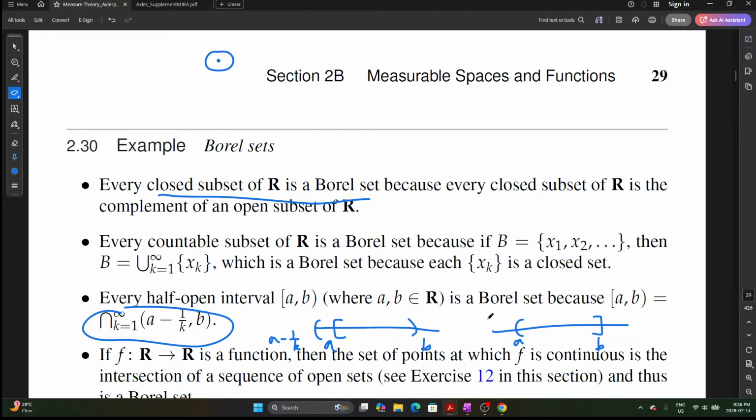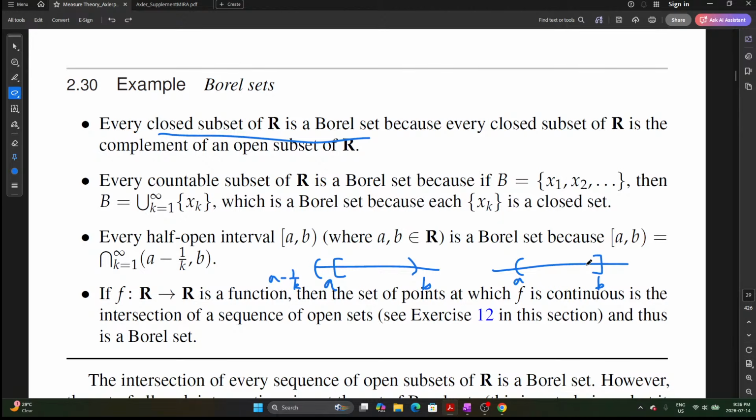So for the sake of practicing, let's write the second interval as an infinite intersection. It's really easy to do. You can write it as the intersection over k of (A, B plus 1 over k). Same idea. Every half open interval is also a Borel set.